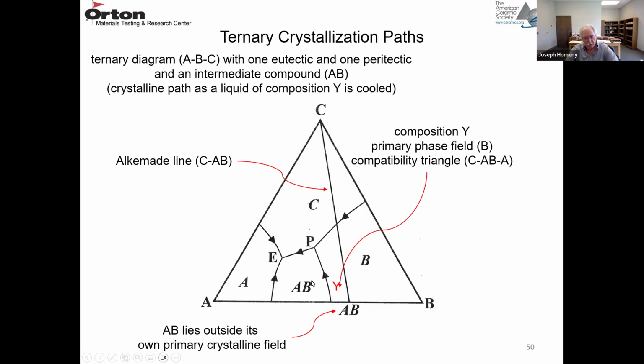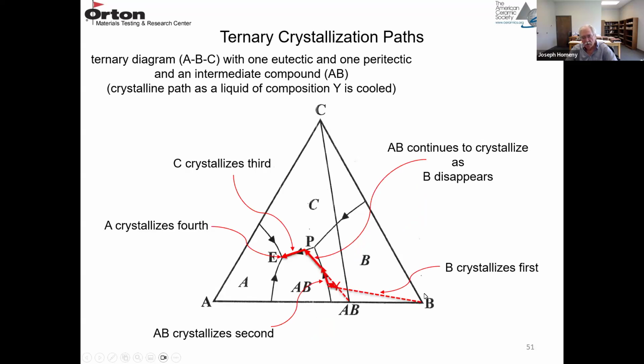And again, AB is outside its primary crystallization field. So we're down here in a different part of the phase diagram, but we're still in the compatibility triangle C, A, AB. So we're going to have to end up at this point E with the three phase fields, C, A, and AB. So we'll have to end up at E again.